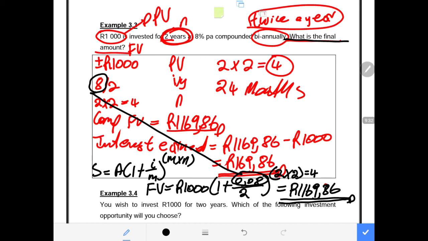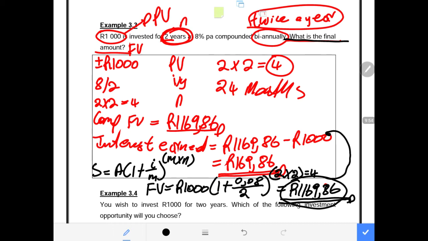That is why we need to say 0.08, indicating that it is the interest. And you can see that we still divide by m, which is 2, the number of compounds in a year, and still divided by 2. So our numbers are really aligned. Then the future value minus the amount initially invested will give us the interest.